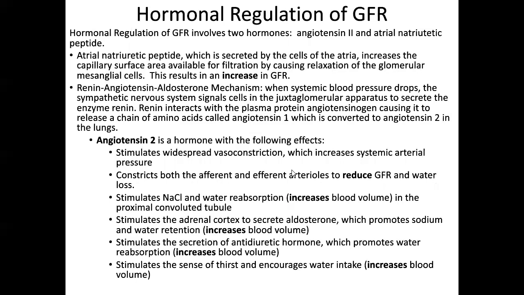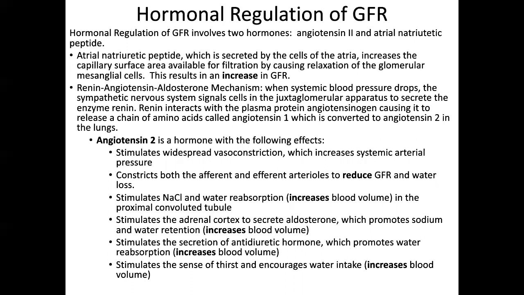Let's talk about how our hormones can regulate glomerular filtration rates. There's two main hormones involved with regulation of GFR. We'll talk about the second one actually first that I have listed there. The second one is atrial natriuretic peptide. Okay.